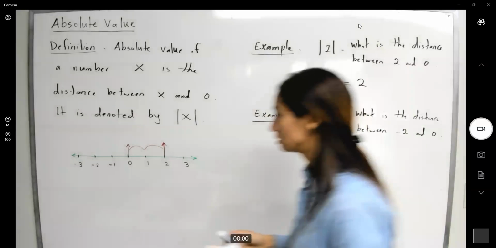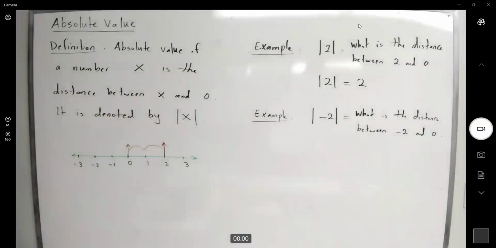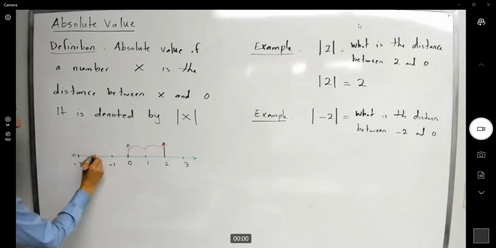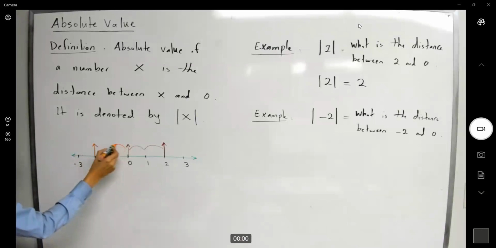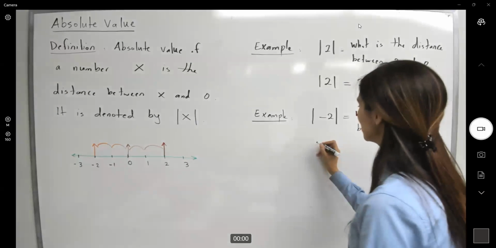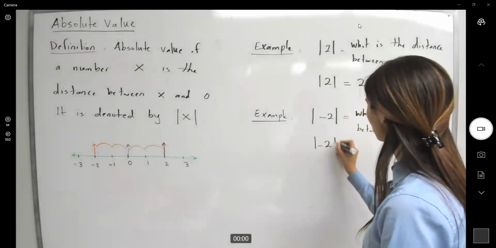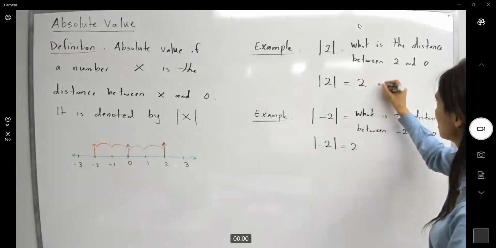Well, there is -2, just right here on the left-hand side. I want to know the measurement between -2 and 0. So, 1 unit, 2 units. So the absolute value of -2 is equal to 2 as well. 2 units.